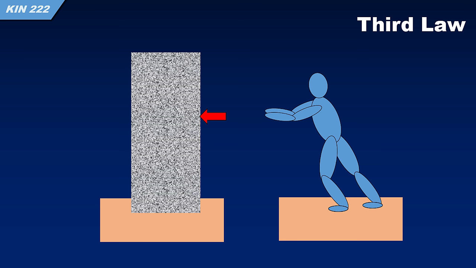Newton's third law says the person will see a force of exactly the same magnitude but the opposite direction. So the person will feel the wall pushing back on them with the same amount of force. Both of those forces will be on exactly the same line of action. The wall will feel a force pushing against it, and the person will feel the force of the wall pushing back on them.